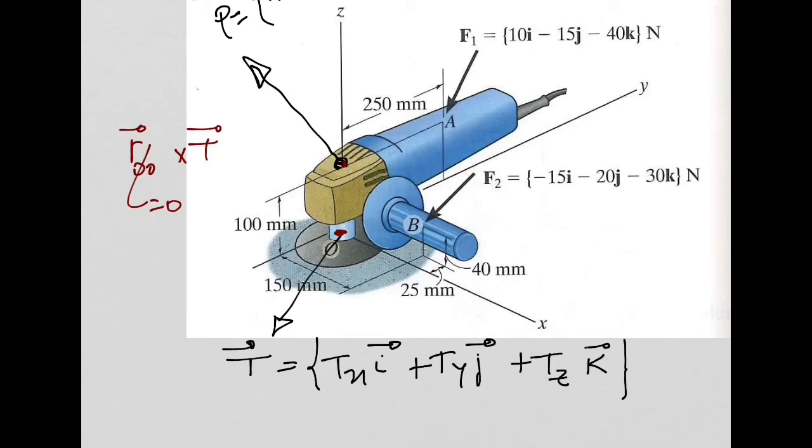And don't forget, we are building the equivalent system at point O. We are calculating the resultant of the forces at point O and the moment about point O. So we are replacing the system with an equivalent system where everything is concentrated at point O.